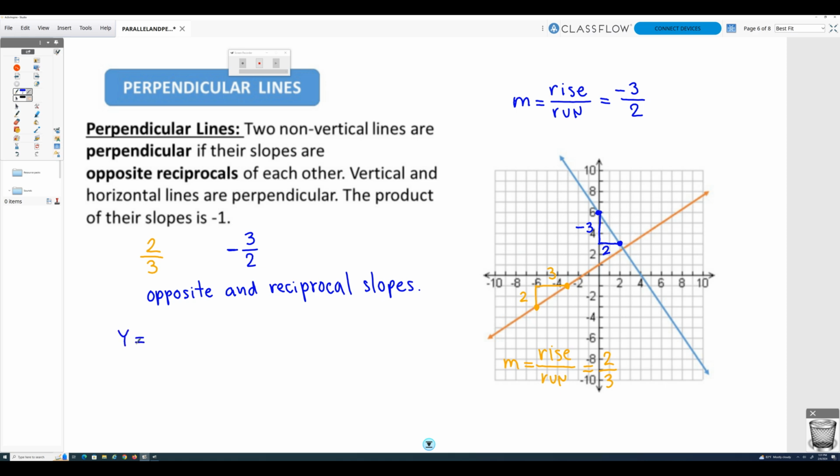This is the equation of the blue line. And this one is the equation of the red line.